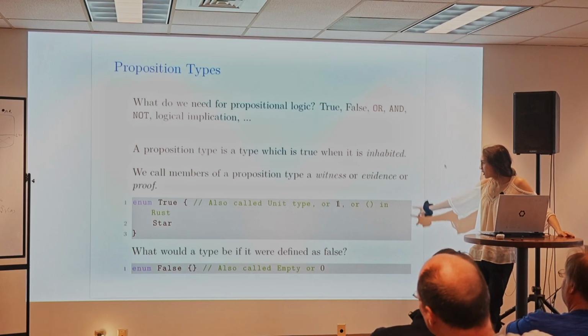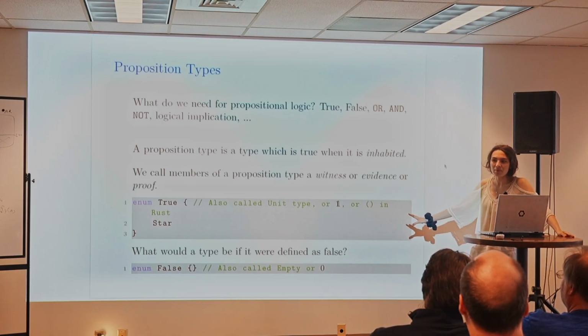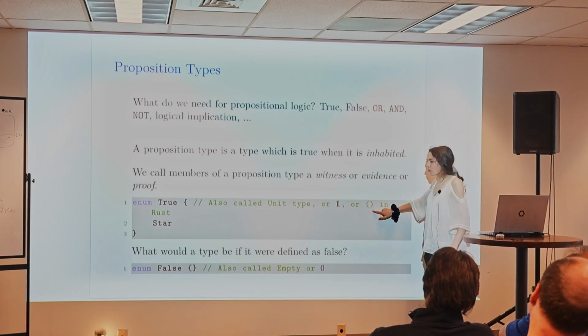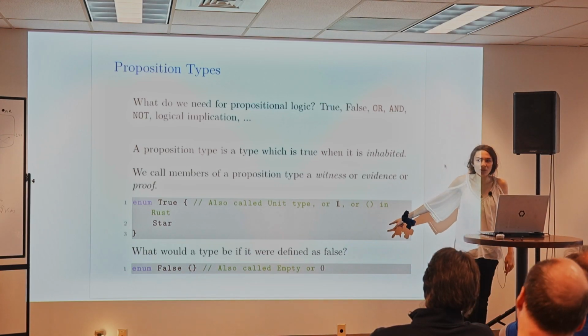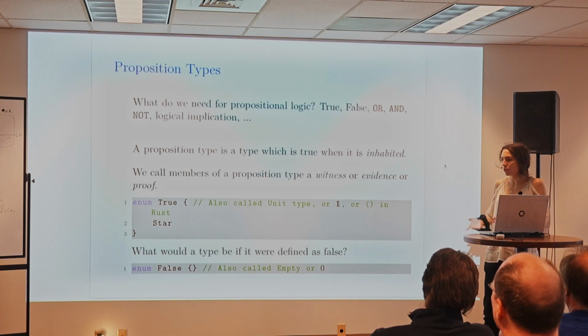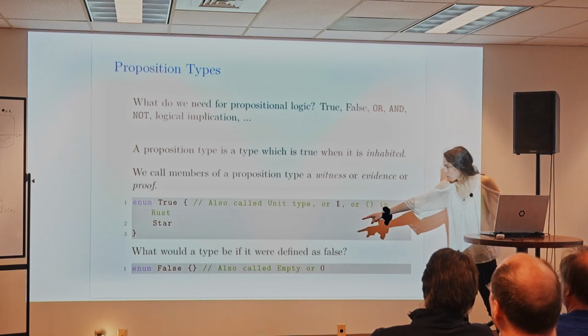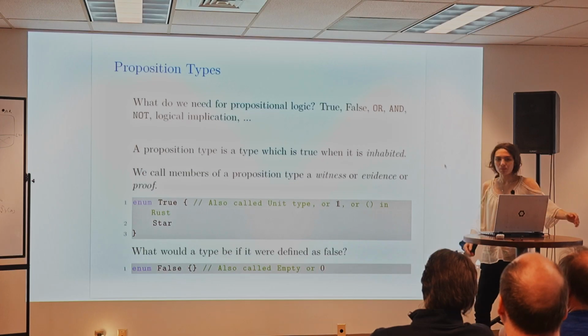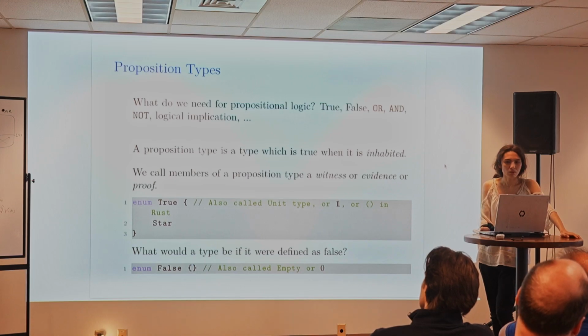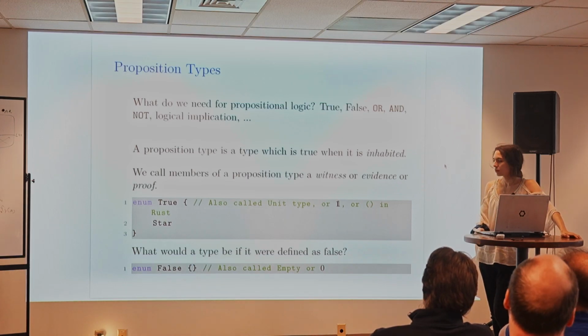Now, the true type has a lot of different names in a lot of different contexts. In Rust, you'll see this parentheses over and over again as a type, and we call that the unit type. It is generally called the unit type, or the top type, and the bottom type was also mentioned for false. I'm not familiar with void. Void is more of a unit type. Is it? For C or... Unit is distinct from any, no?